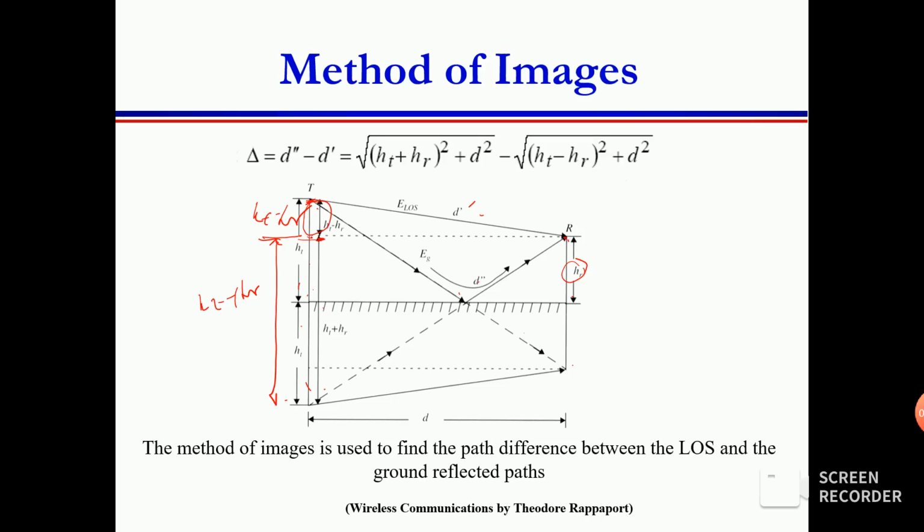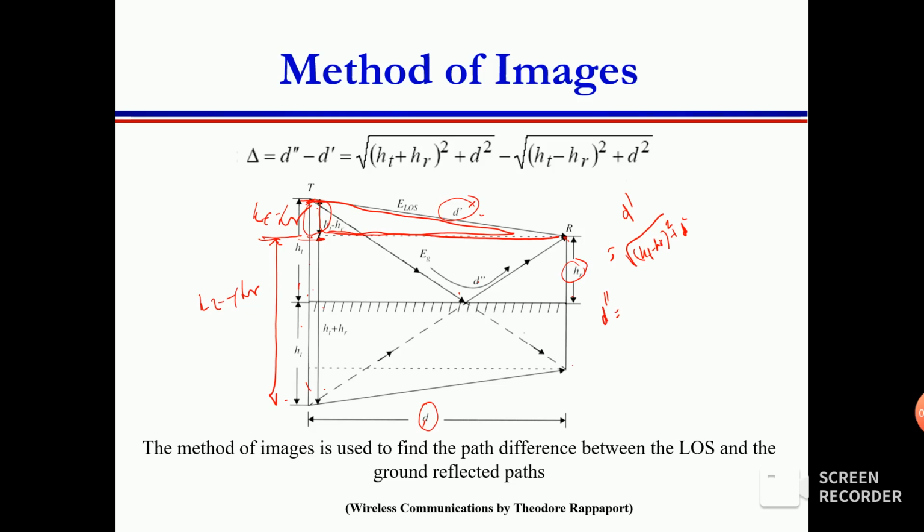Now, using the Pythagoras theorem, we can use this small triangle. So d dash is equal to the square root of, this side is HT minus HR, so square root of HT minus HR whole square plus d square. Why d square? Because this distance is d. And what is d double dash?